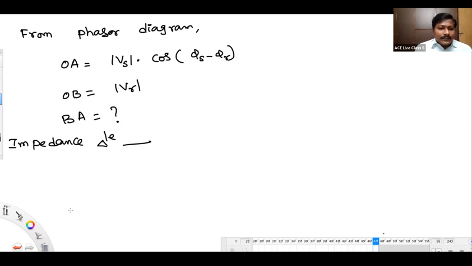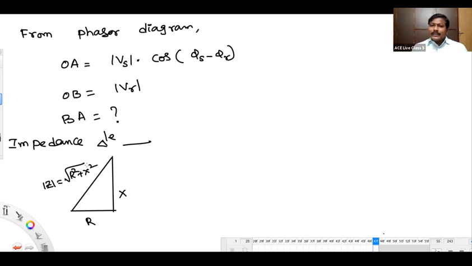This is resistance R, this is reactance X, and this is impedance mod Z, which is root of R square plus X square. Let me call this angle theta.